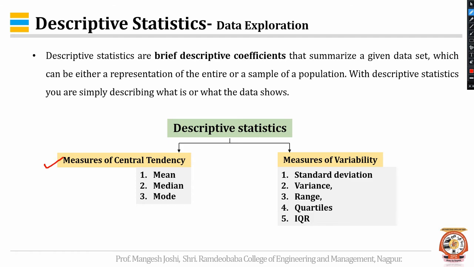One covers the measures of central tendency, that is mean, median, mode, and the other part covers the measures of spread or variability. In measures of variability, we have standard deviation, variance, range, quartiles, and interquartile range, that is IQR.